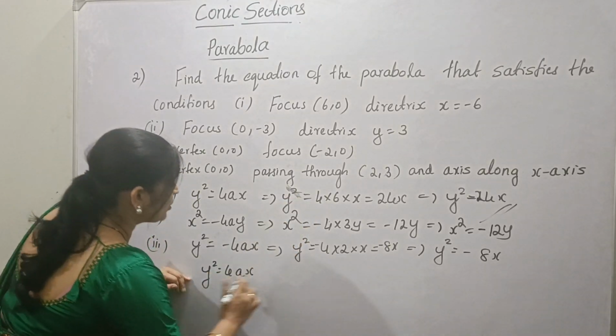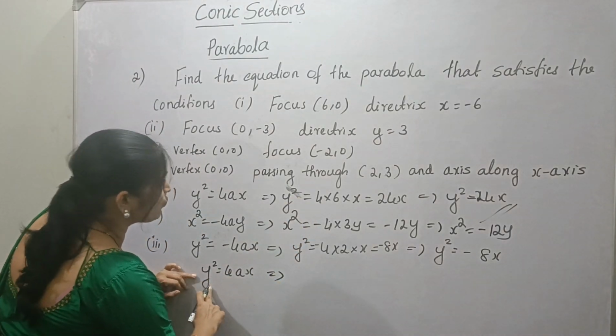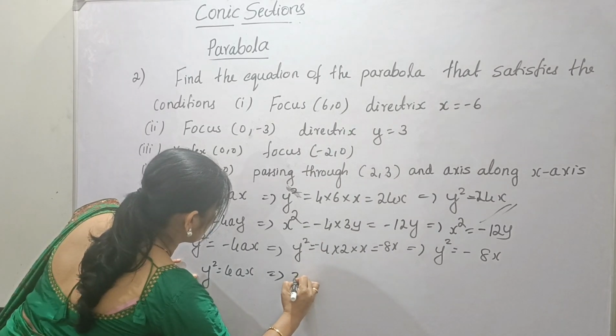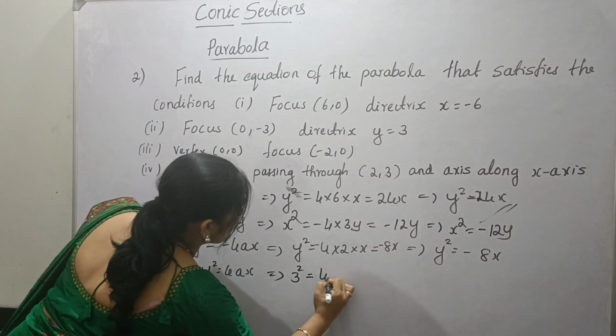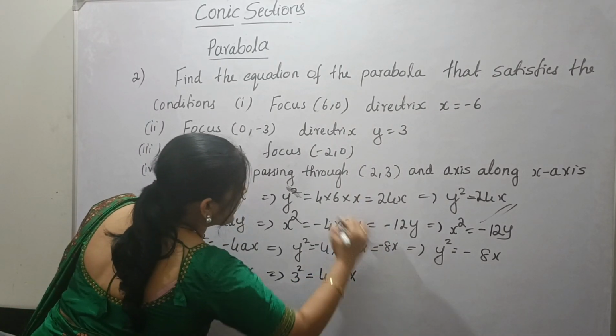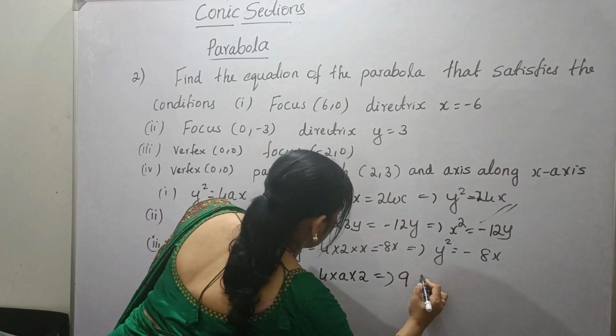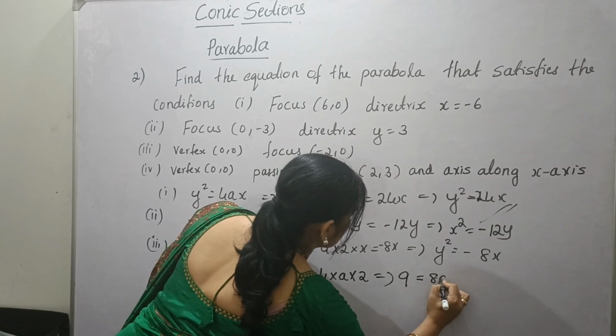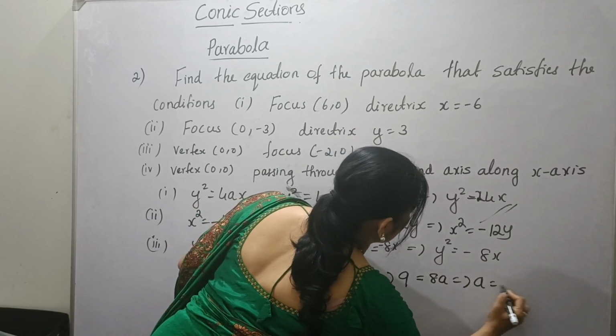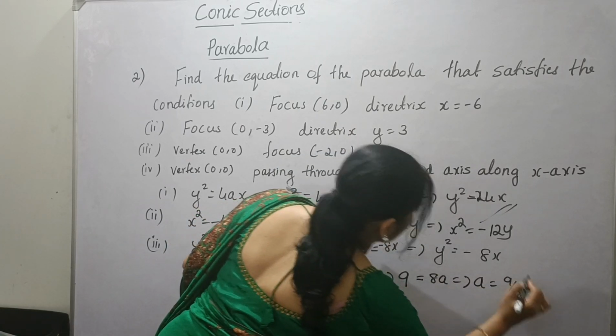Therefore, let us substitute y is equal to 3 and x is equal to 2. So, 3 square is equal to 4 into a into 2, that implies 9 is equal to 8a, that implies a is equal to 9 by 8.